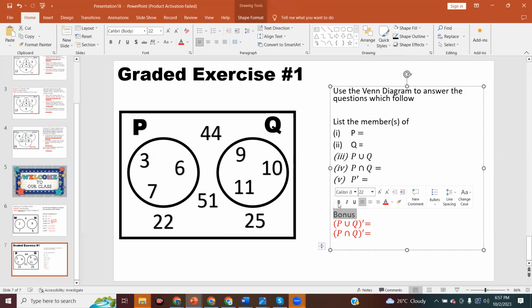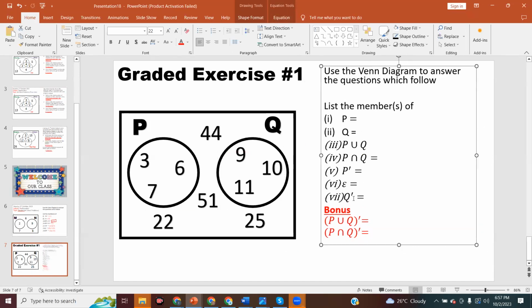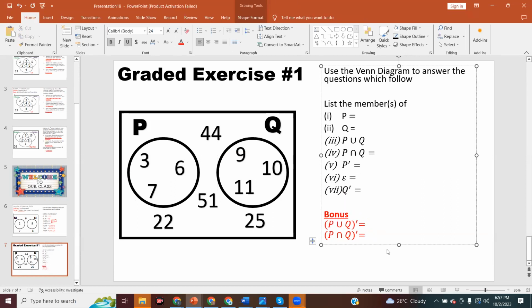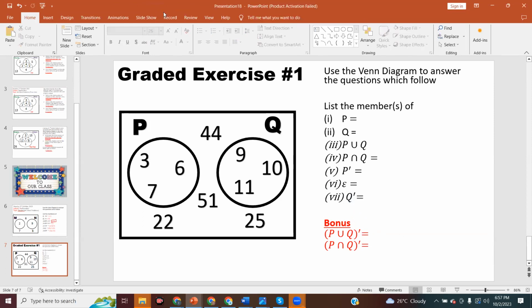The bonus is optional. If you don't want to do the bonus, you don't have to. The bonus is only for those persons who are willing to go the extra mile and do the challenge. If you just want to be average, you don't have to do the bonus. But if you want to go above and beyond, you can.